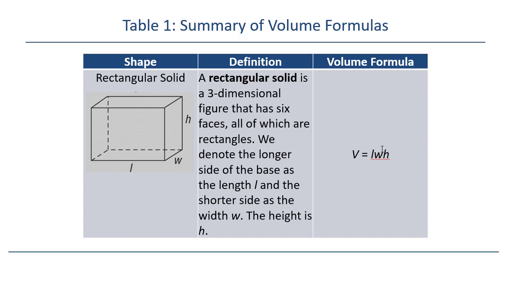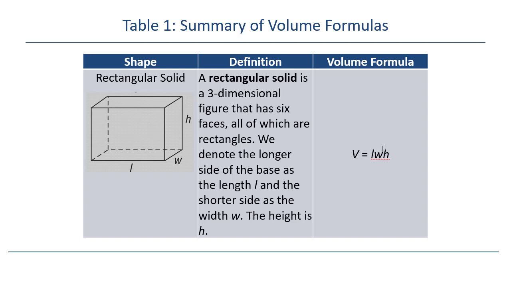But if you always think about finding the volume of what we call a rectangular solid as base times height, then when we give you other shapes, you know that all you have to do is find the area of that base and multiply it by the height, and that's its volume, right? So you don't have to memorize 7 or 8 different formulas. You just know that all of them come down to area of the base times the height, and the only thing that changes is based on the shape of the solid.